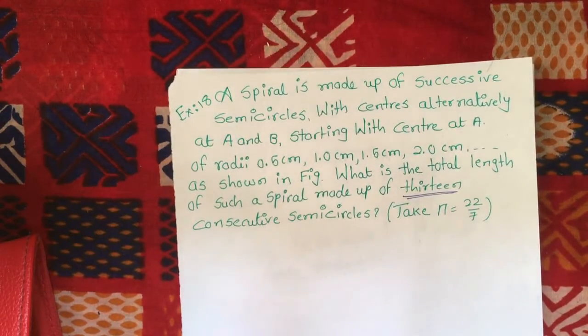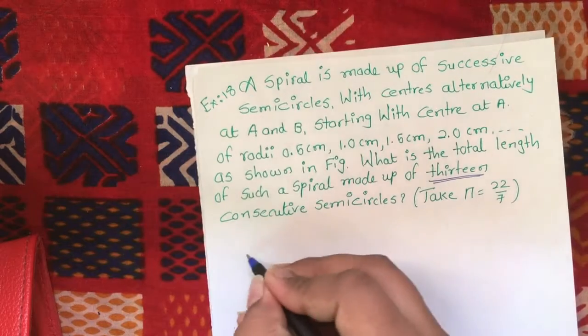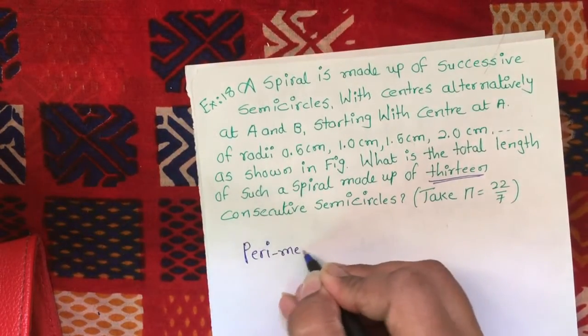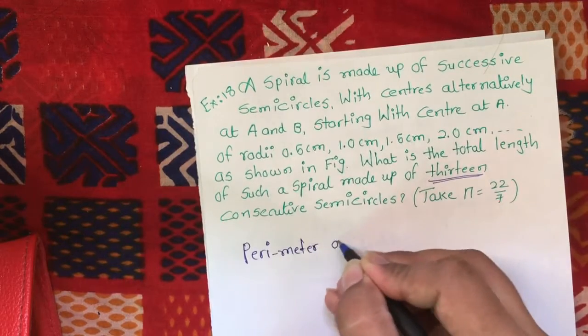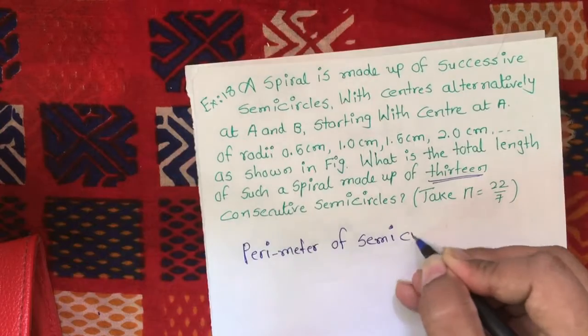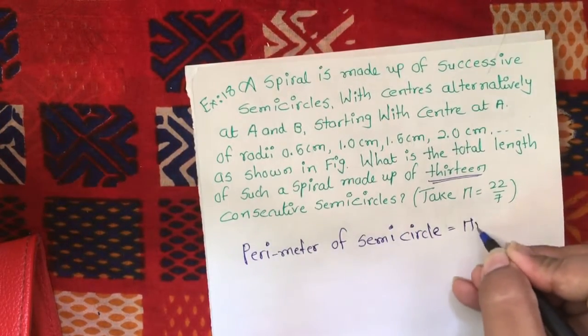So let's just have that the perimeter of semicircle is equals to pi r.